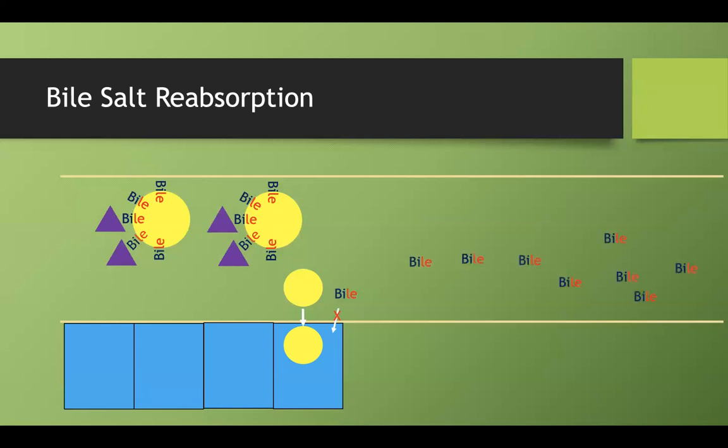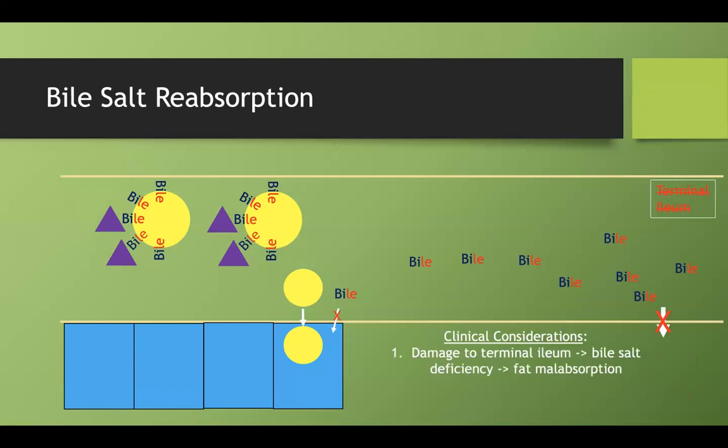And instead, the bile will travel down the GI tract to the terminal ileum, and there it can be reabsorbed. But remember, if there's any damage to this terminal ileum, then you won't get any of this bile reabsorbed. So you'll lose it in the feces and the stool, and so ultimately you'll end up having less bile. And so this can cause fat malabsorption.